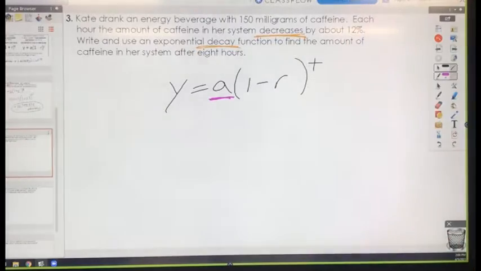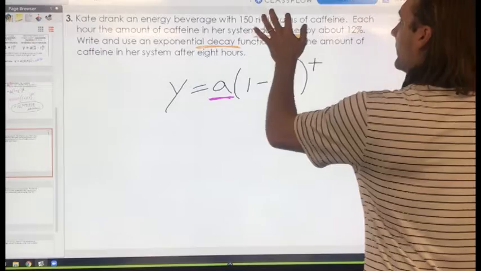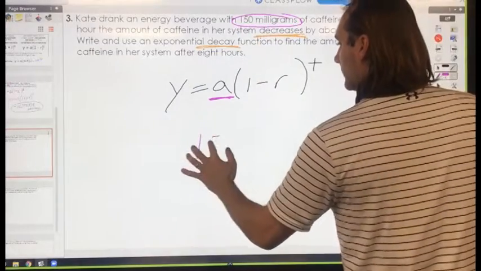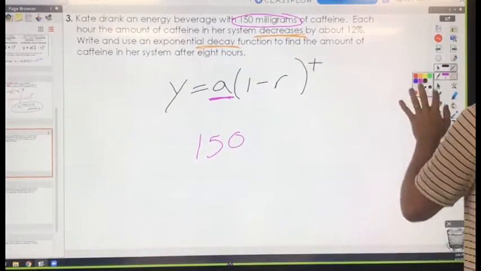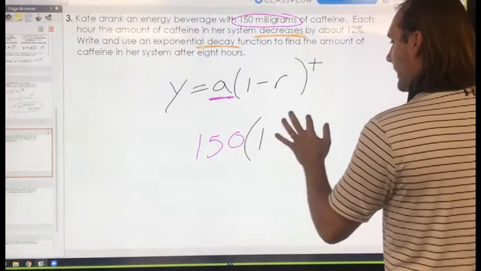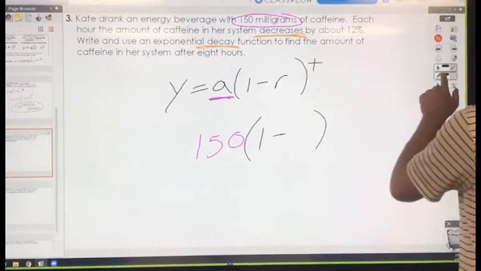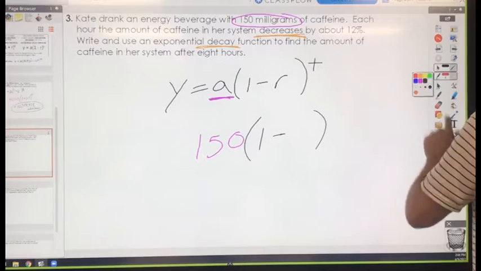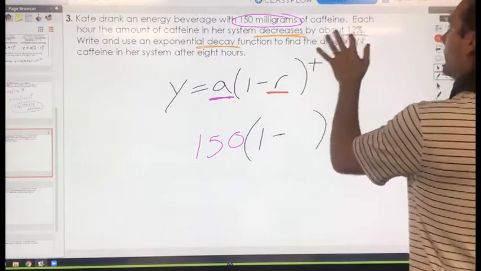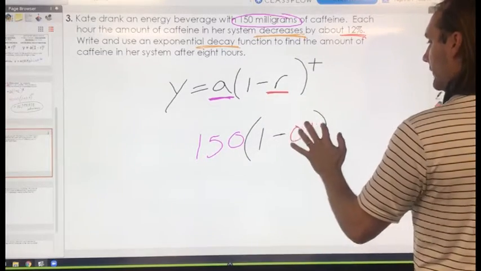So let's look at a. My initial value is what? How much did I start with in my system? Yep, 150. And it is decaying at a rate of what? 0.12. Very good. 12%, so 0.12.